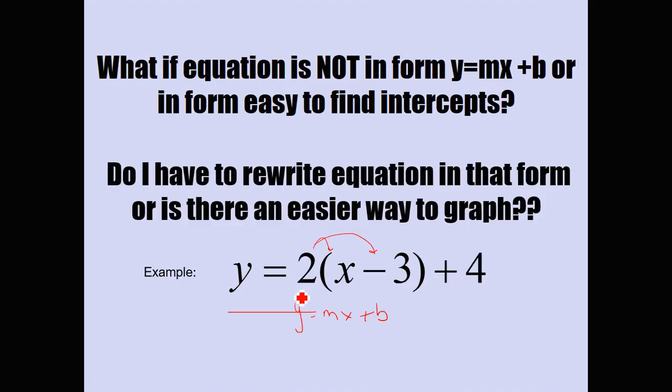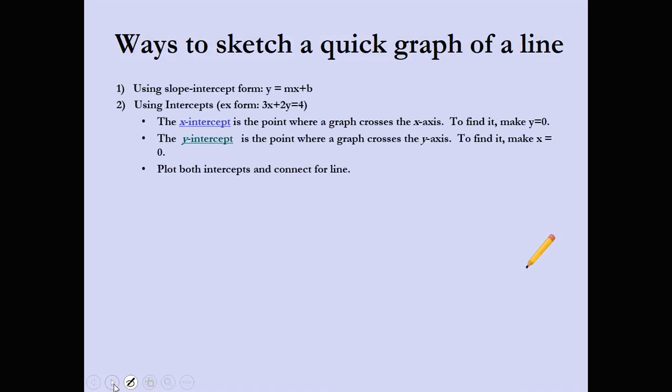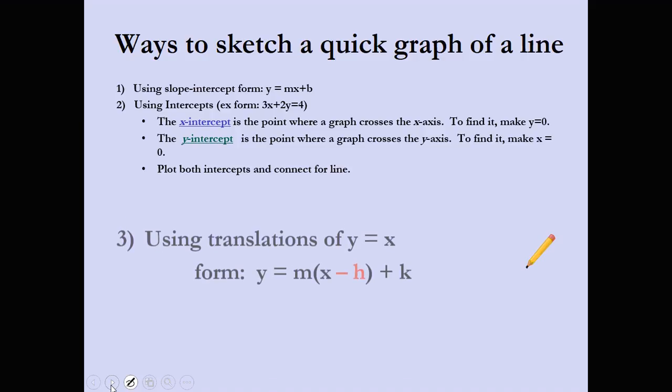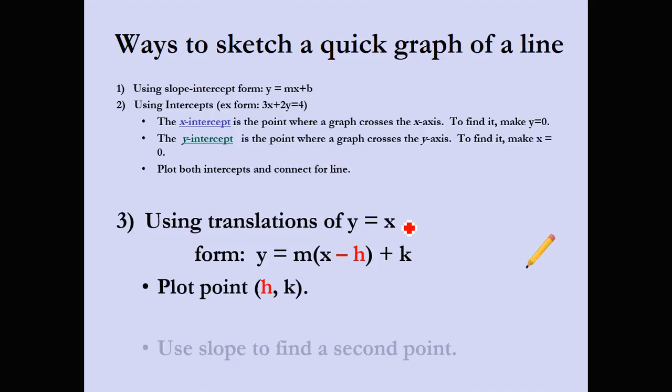But there's clues in this equation that would be handy for us to pick out now while we're talking about lines, because those same clues apply to other types of functions later on this year. So there's the two ways we've talked about so far, slope-intercept form and using intercepts, but there's a third way to sketch a graph of a line, and that's using translations of the parent graph, so of the y equals x graph.